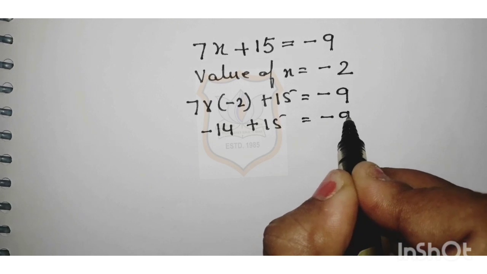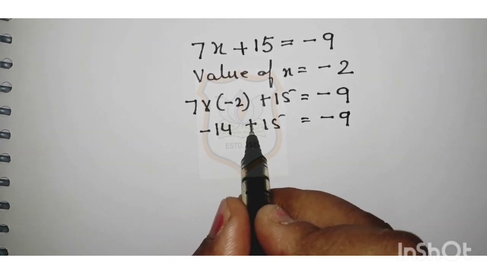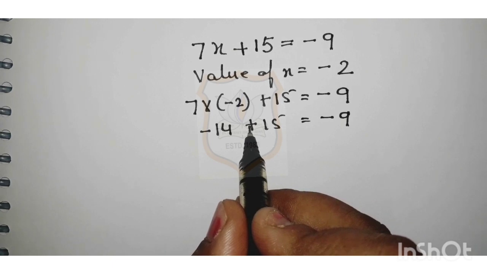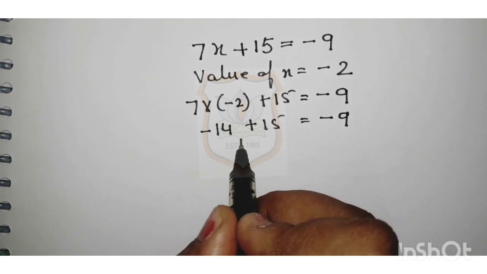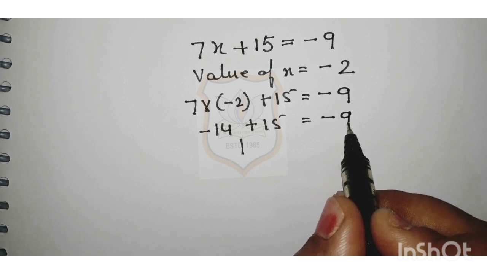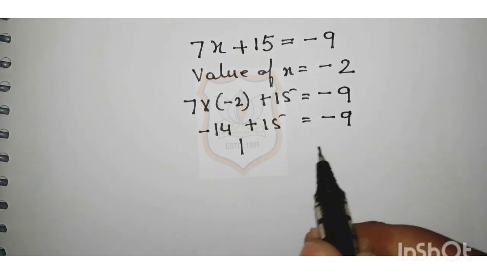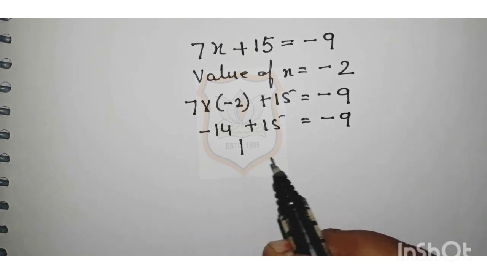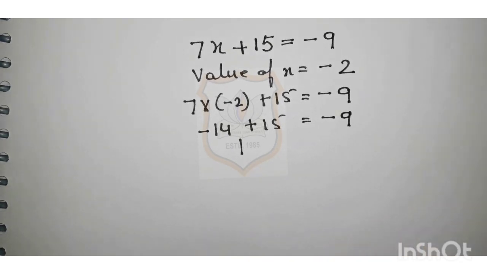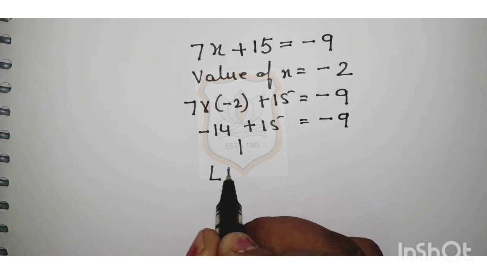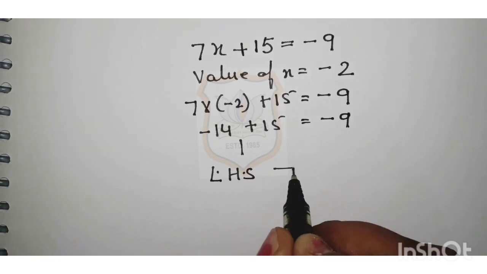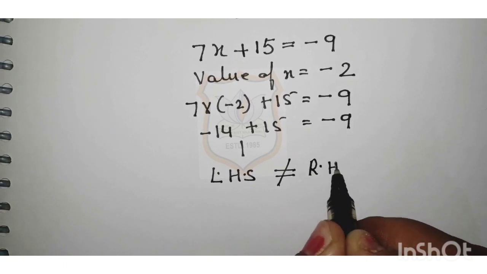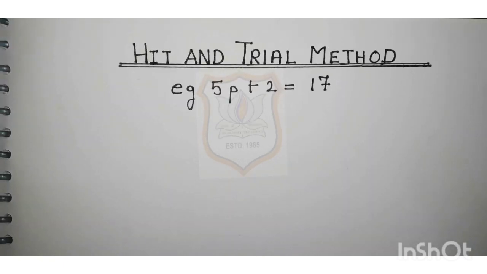Now I will subtract this 14 from 15. My answer is 1. And here the answer is minus 9. So I can say that the value of x is equal to minus 2 is wrong. We can also write that LHS is not equal to RHS.